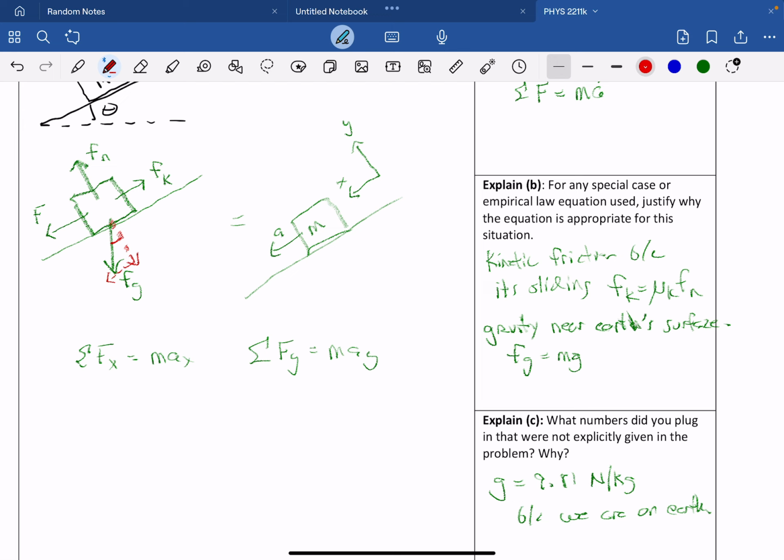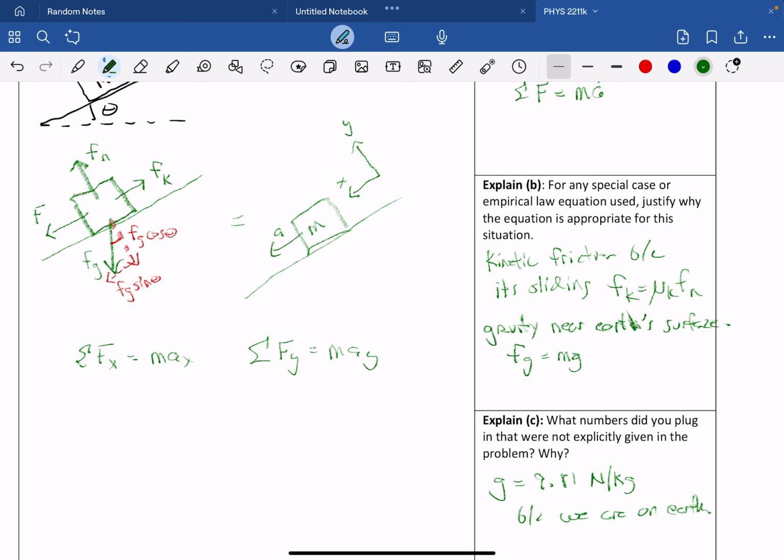So that means that this side is going to be Fg cosine theta, and at the bottom is going to be Fg sine theta, and the hypotenuse, which is the force itself, is Fg, the force of gravity. All right, so that is going to help us when we make our equations.